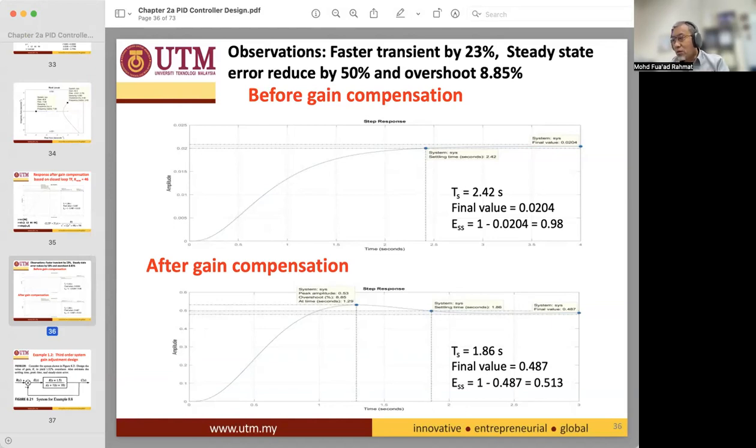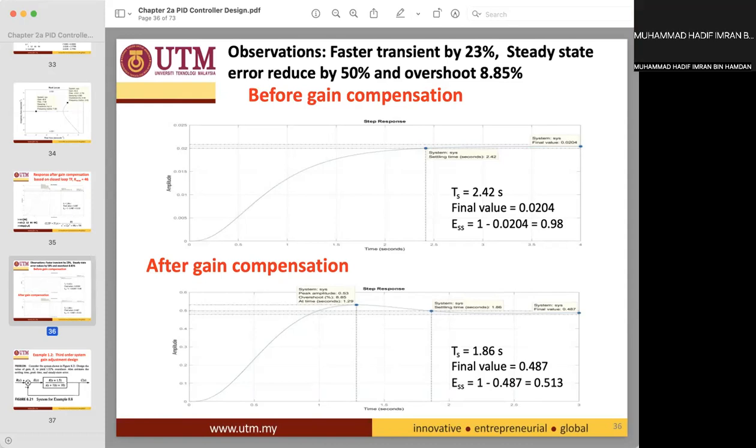This is not good for error, so we have to improve it. This is the time response based on the closed loop transfer function with 3.5. We can see 0.778, so 1 minus 0.778 is 0.22.